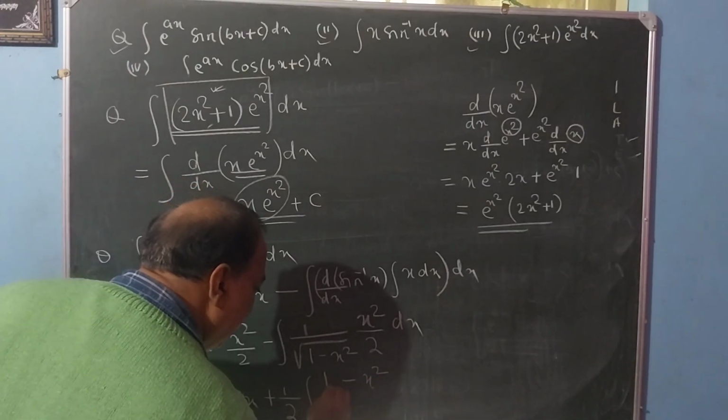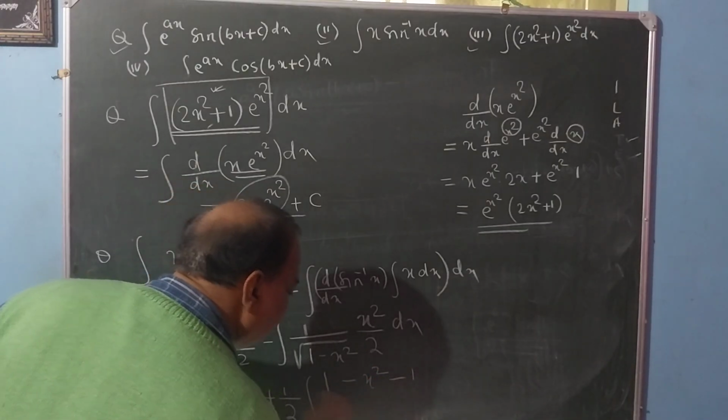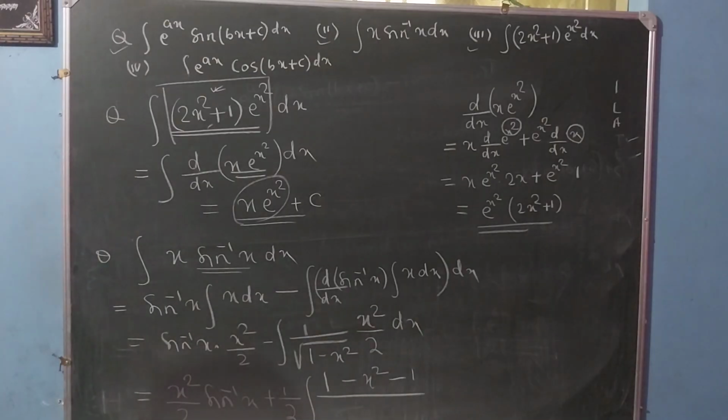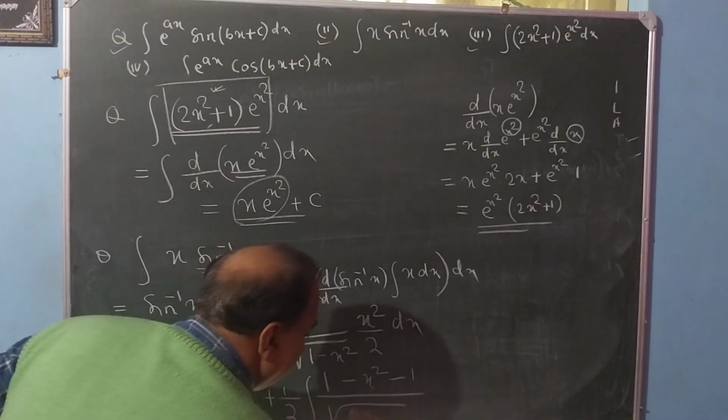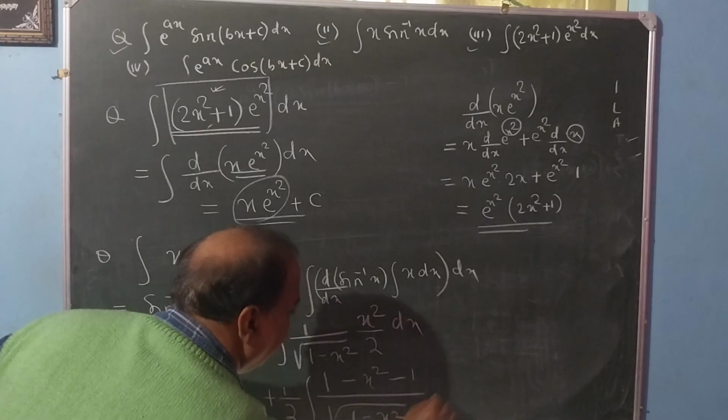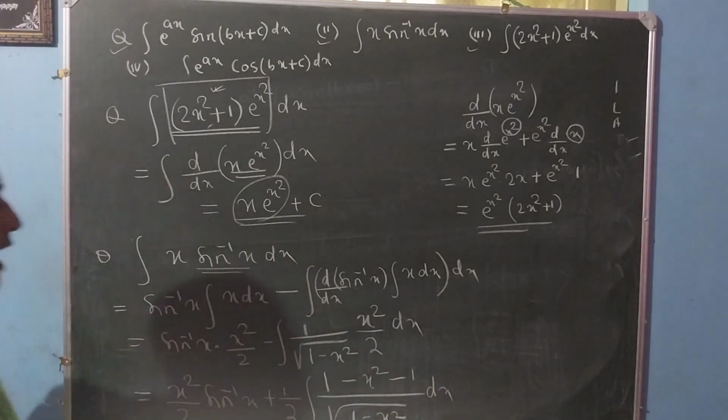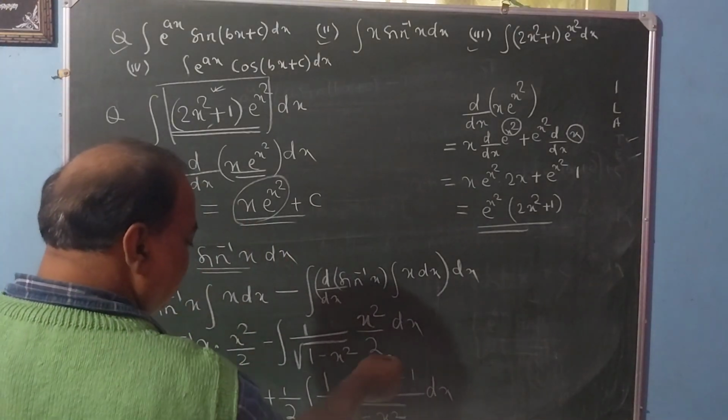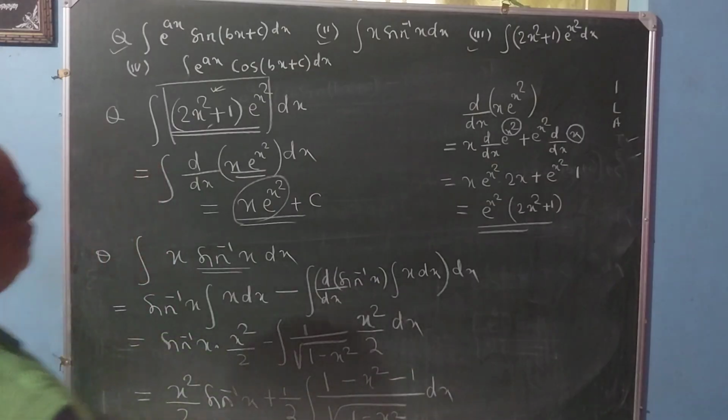Here we add 1 and subtract 1. Adding and subtracting 1, so we get 1 minus x square, into dx. Adding 1 and subtracting 1, so this upon this minus this upon this.